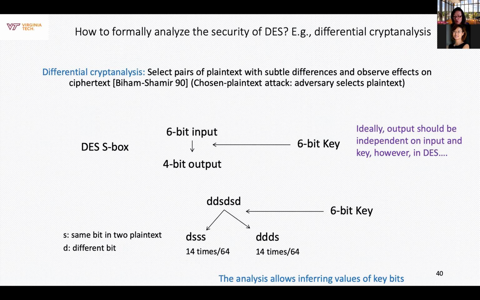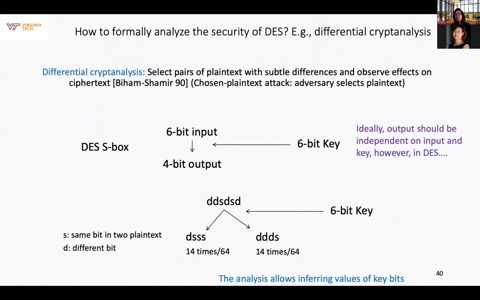And so certain patterns in the resulting ciphertext will be much more frequent than the ideal case. Ideal case, you want to have all the different configurations to be the same.